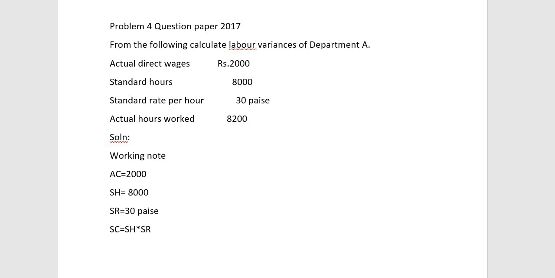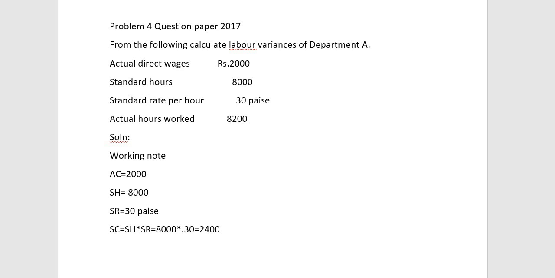Now we can solve: standard hours is 8000 hours into the standard rate of 30 paise, that is 0.30. So 8000 multiplied by 0.30 comes to 2400. This 2400 is your standard cost.